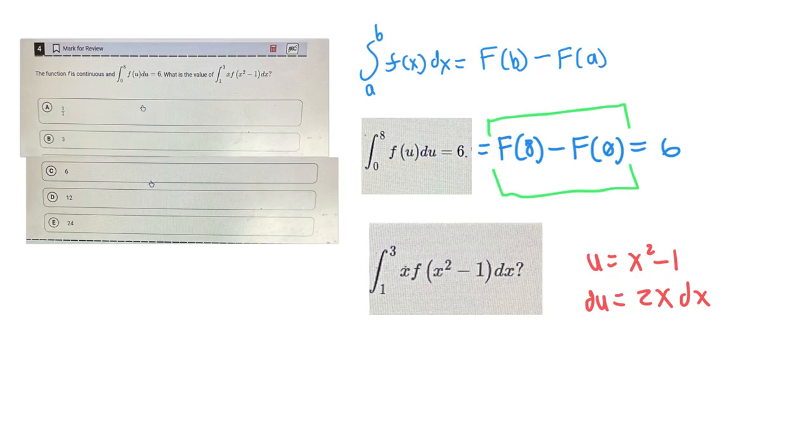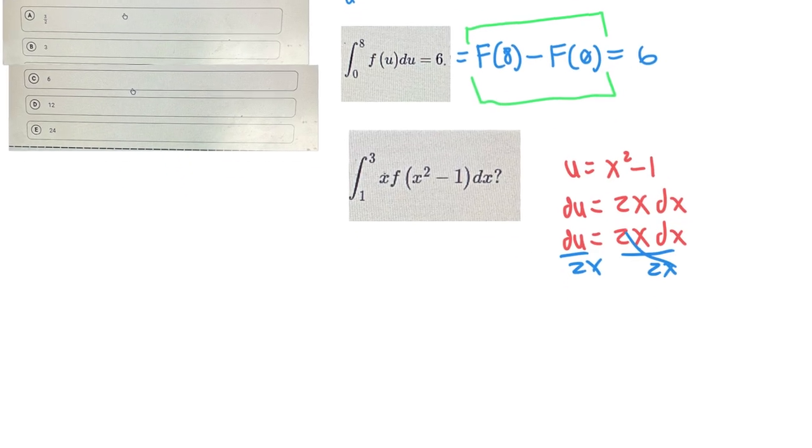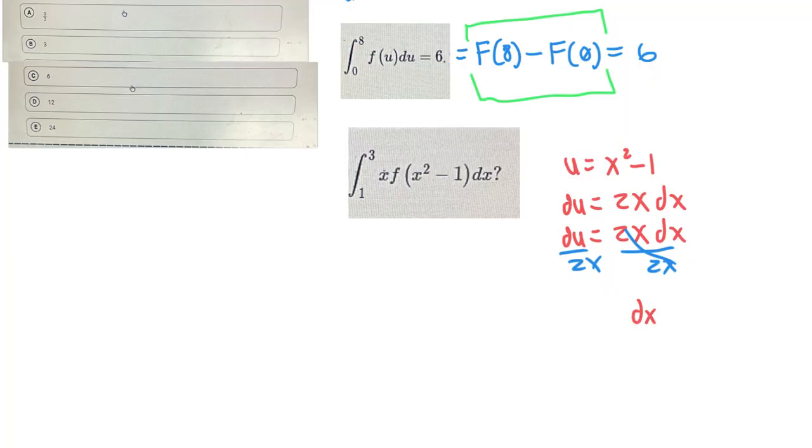And then I am a fan of dividing both sides by, in this case, 2x to get that dx by itself. So I'll just do that right here. Obviously, these would cancel. Next thing you know, you have dx equals du over 2x.